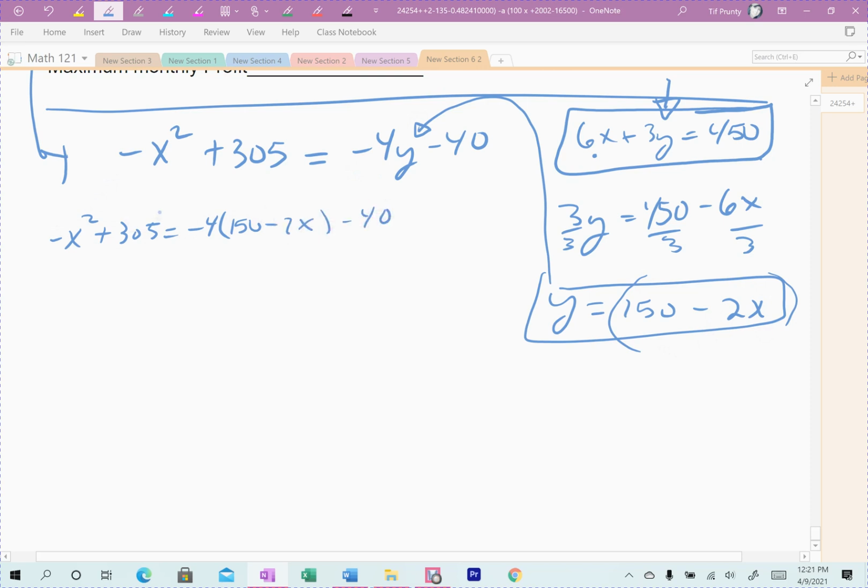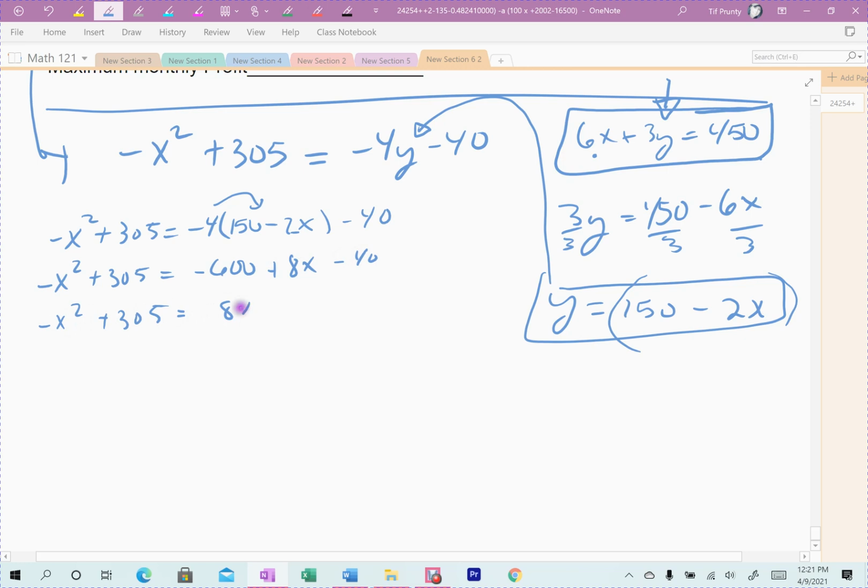So this is going to be a quadratic. So first thing I'm going to do is simplify and then move everything to one side to set it equal to 0. All right, so distribute your negative 4 here. Negative 4 times 150 comes out negative 600. Negative 4 times negative 2x is positive 8x, minus 40.